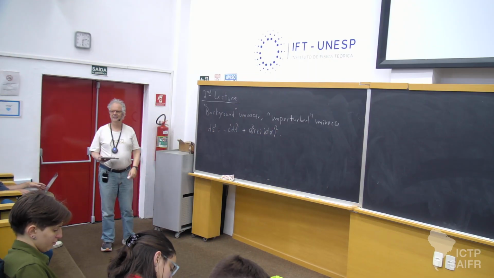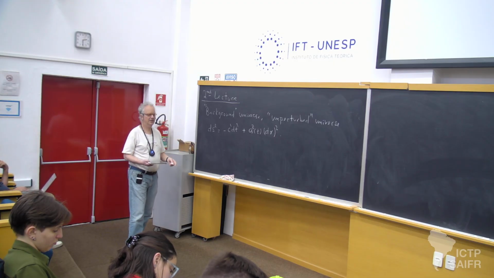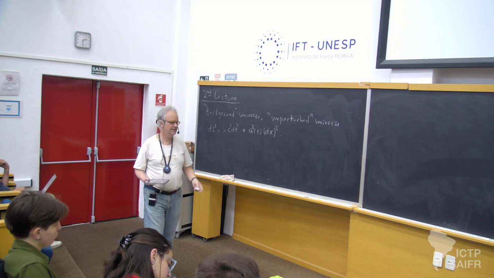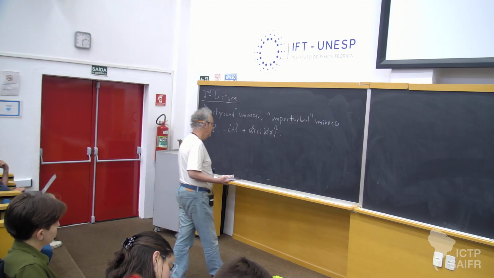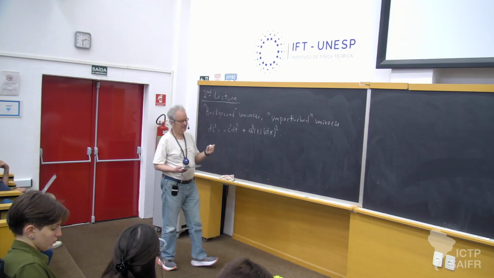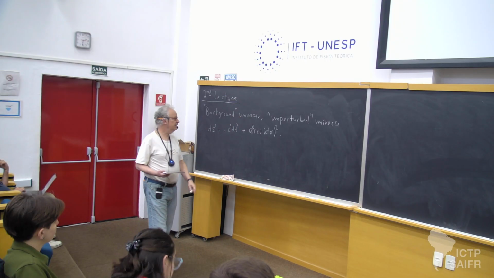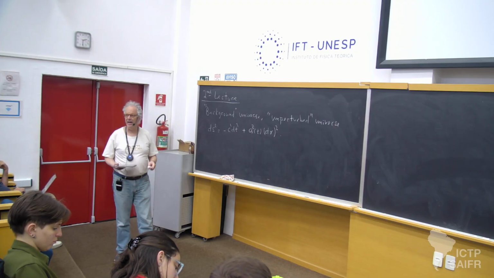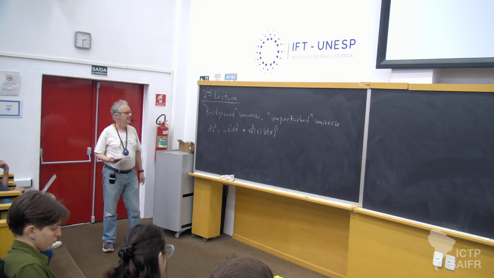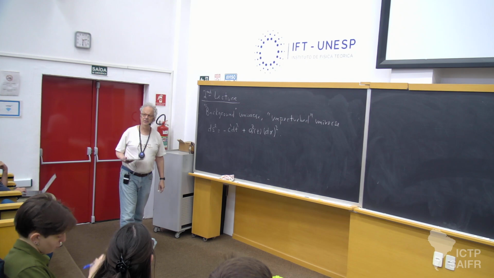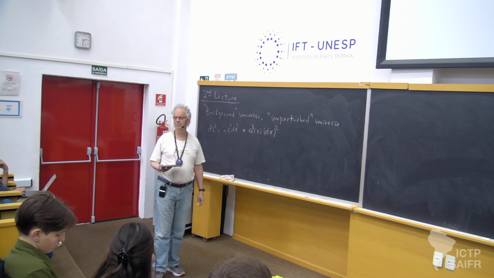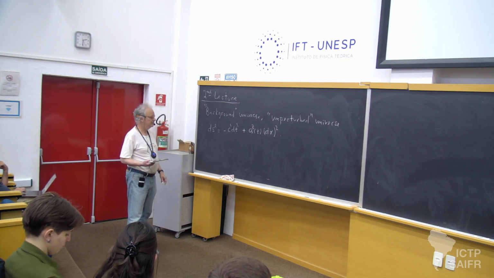In principle, the metric can be something very complicated, as we mentioned yesterday. It's described by 10 different functions of space and time. But for the background, unperturbed universe, it is very simple, assuming the universe is homogeneous and isotropic. So this is what we saw last time.